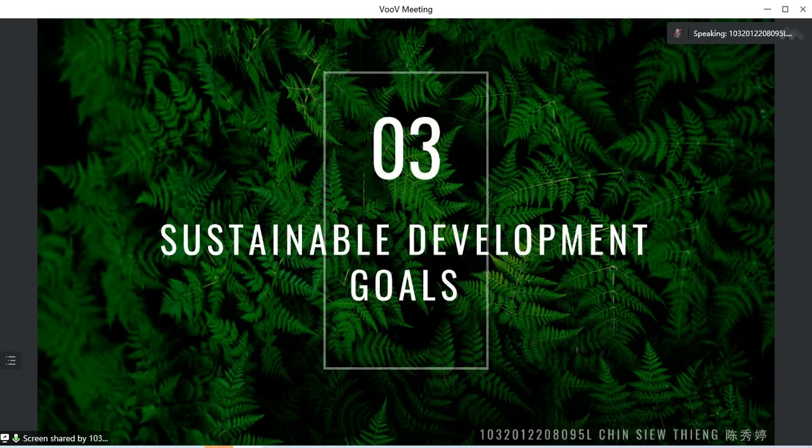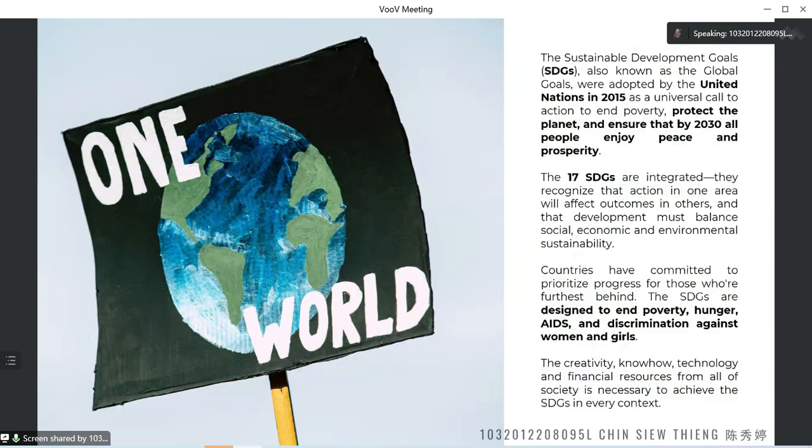The third part is the sustainable development goals. We can see that this is something the UN nations raised in 2015, called SDGs, which means Sustainable Development Goals.